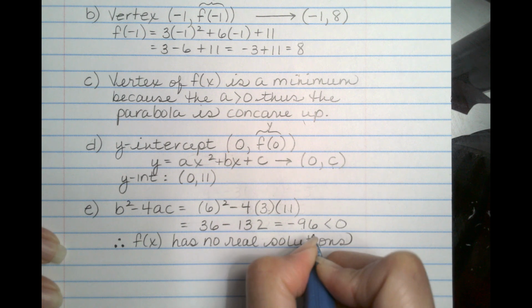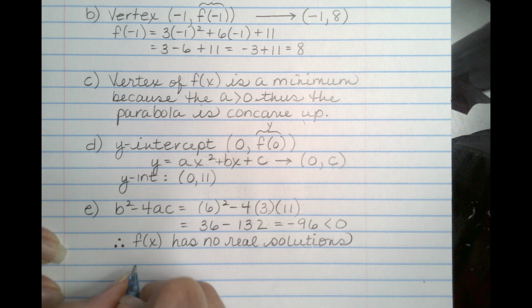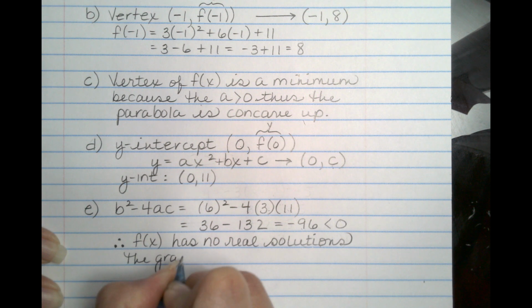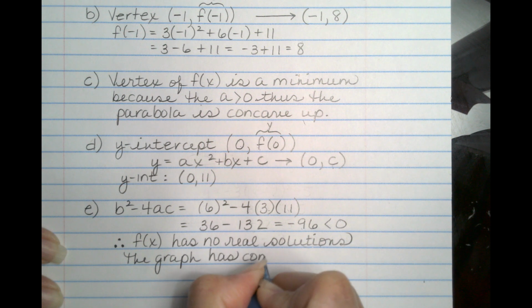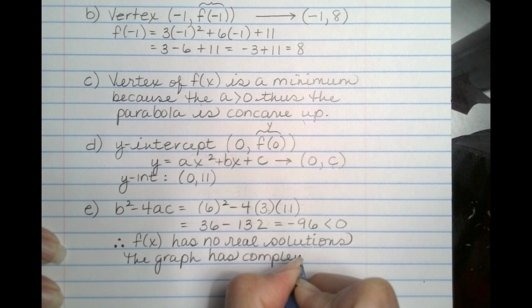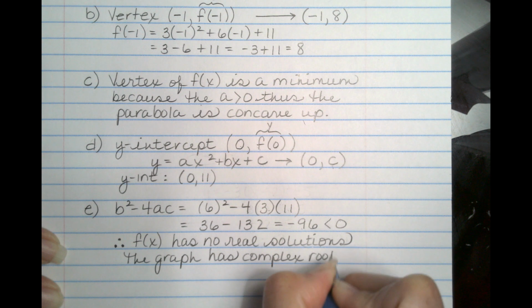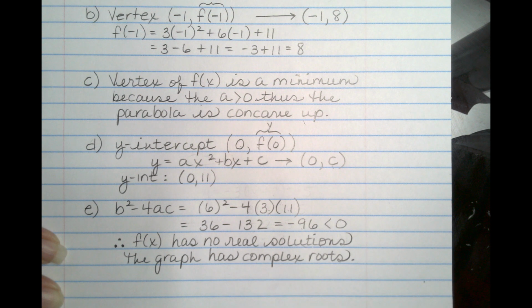Okay, f of x, or the graph, has what we call complex roots or complex intercepts, which is what Unit 6 is all about. So this is the introduction of us working on Unit 6.